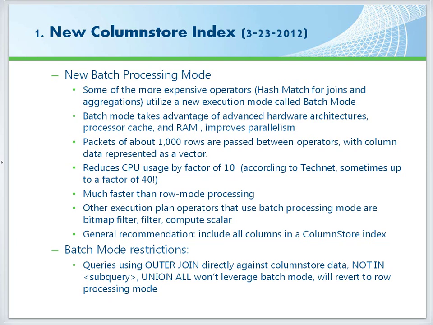And in addition, if we utilize a not in with a subquery, we're going to lose the batch mode as well. Now, if you use not in with a specific set of scalar values, that's a different story. But if we actually use not in with a subquery, we also will lose the batch mode. So even if we have a column store index, it's not a guarantee that every query is going to be able to take advantage of the new batch processing mode.